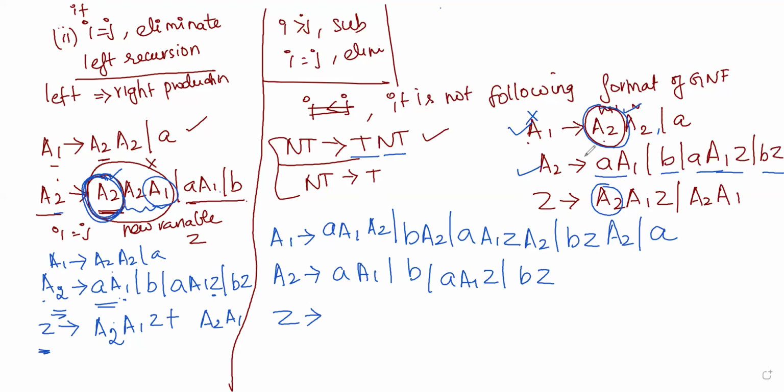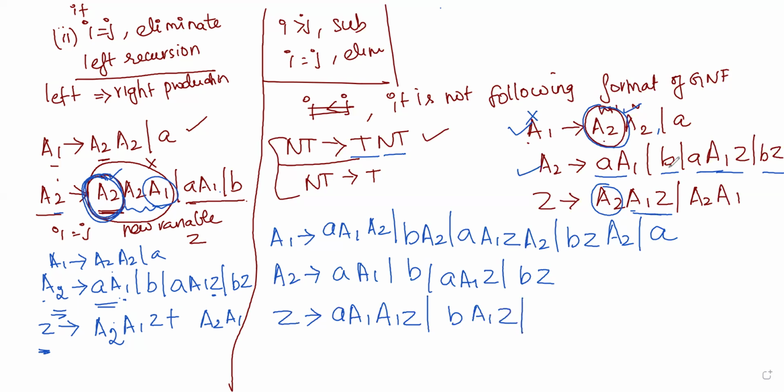So what you'll do, again I'll substitute the value of A2 inside this A2. I'm not substituting here and here, because my first variable should be a terminal. So instead of this A2, I'm substituting the value of A2. A1 is substituted, and this A1Z is there. Next, I'm substituting B here, B, A1Z.